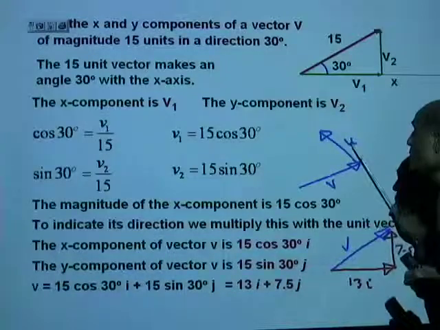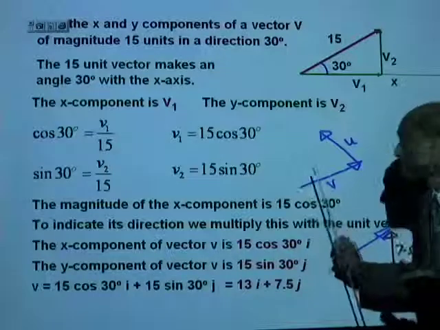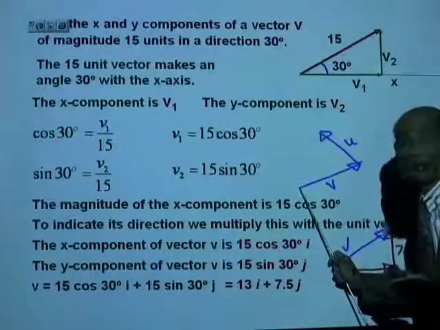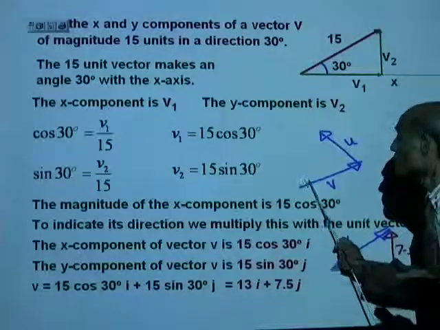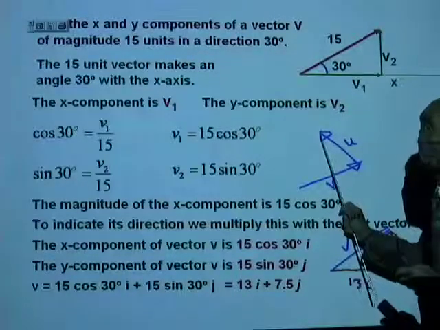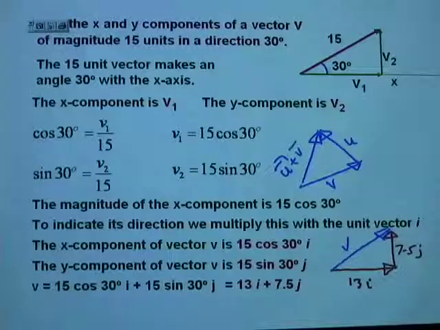If you add these two vectors, what will be the result? The result will be the vector that is obtained by joining the tail of the first vector to the head of the second vector. Now, this is the sum of u plus v, and that is called the resultant vector.